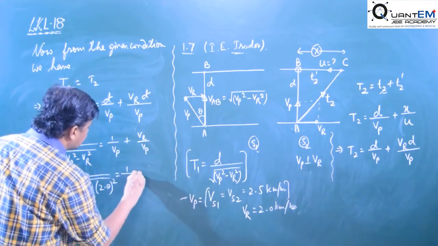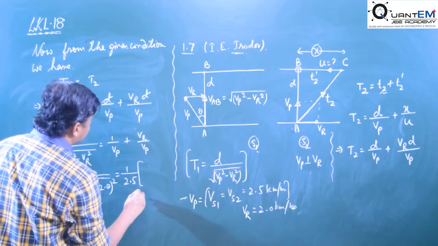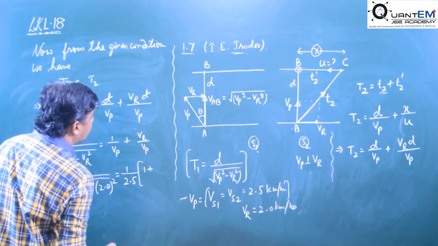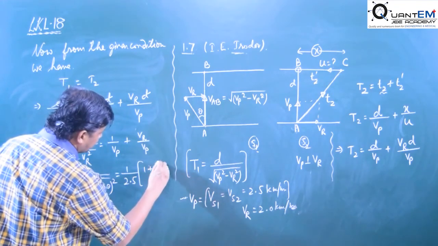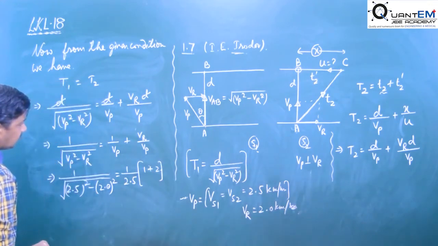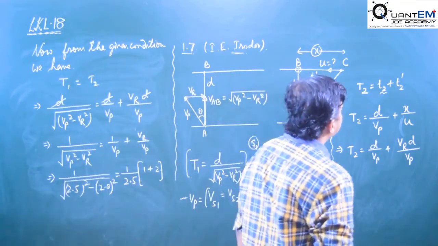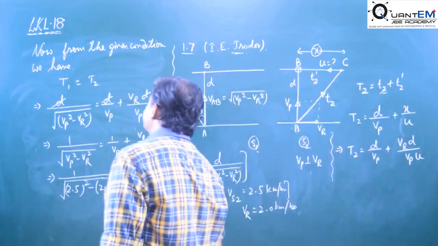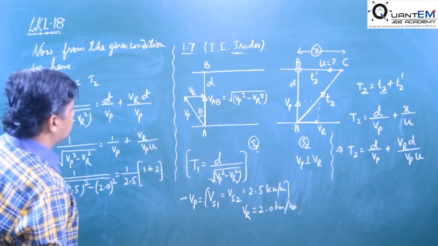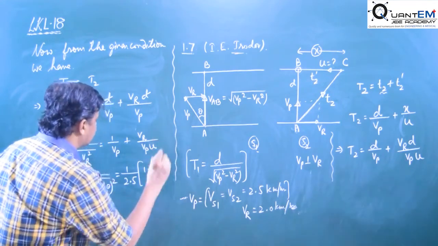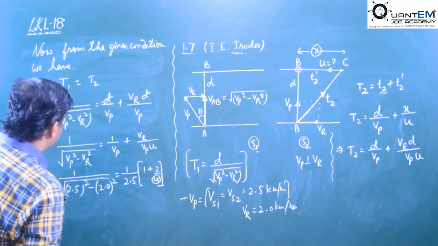Vp is taken out, so 1 by 2.5 is equal to 1 plus the velocity of the river, 2.0, divided by u. Here also we have u. Now we have only one variable here, that is u.